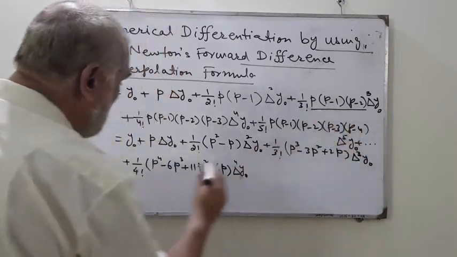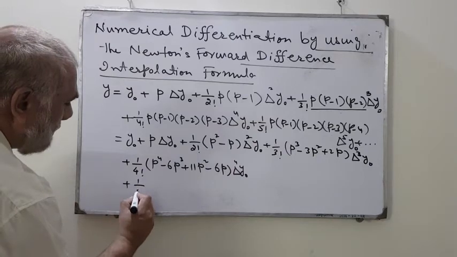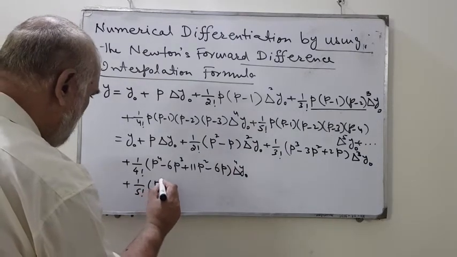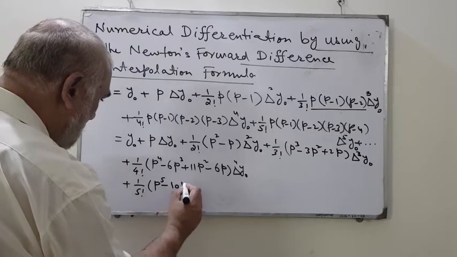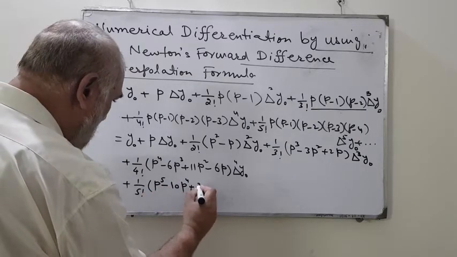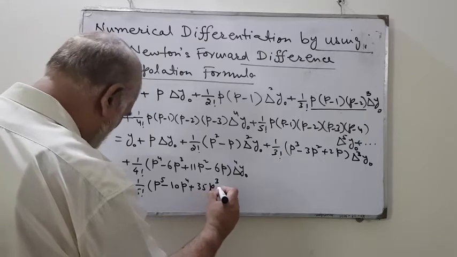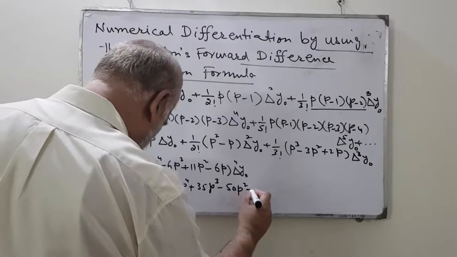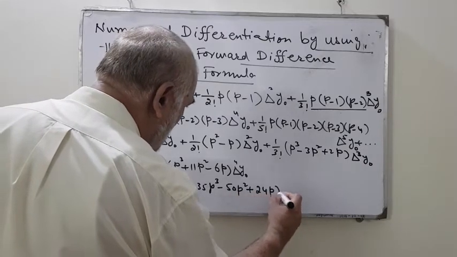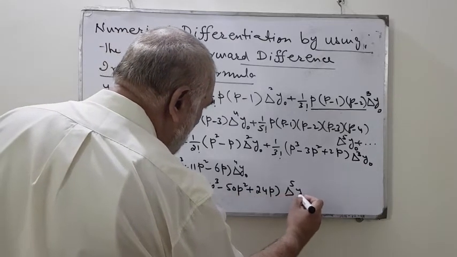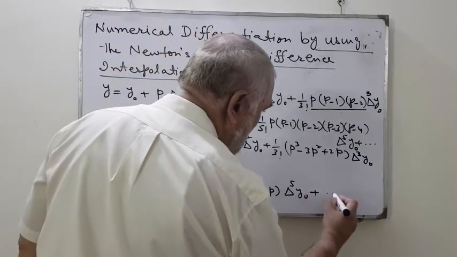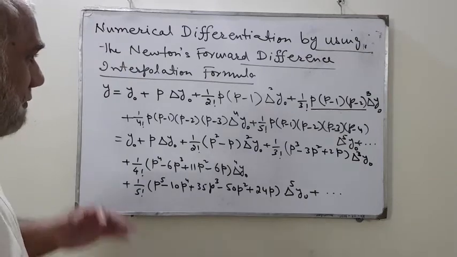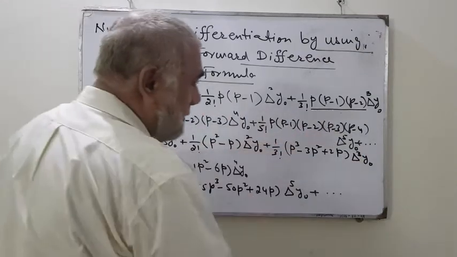If you take the product of all these terms, this gives you 1 by 5 factorial times p5 minus 10p4 plus 35p cube minus 50p square plus 24p and delta 5y0. So this is just the expanded form of the interpolation formula.